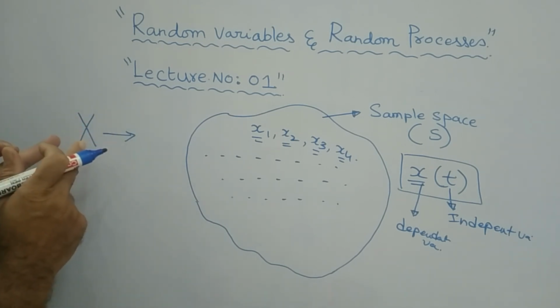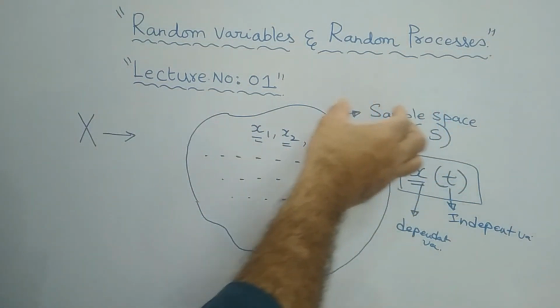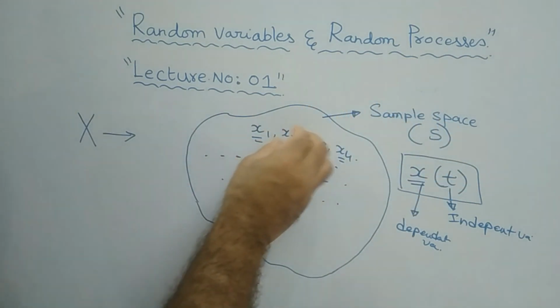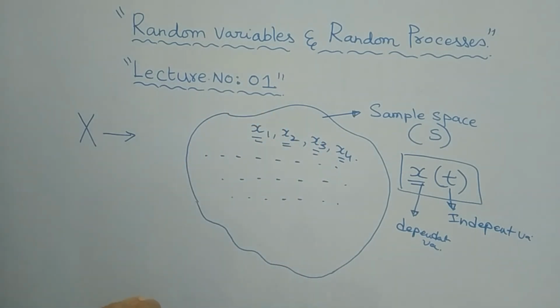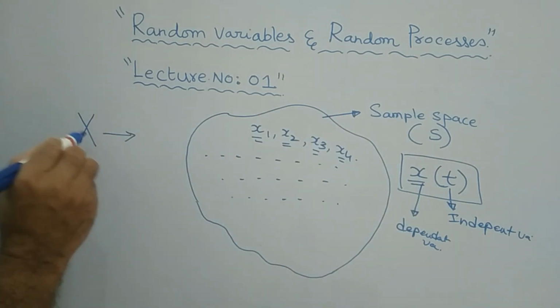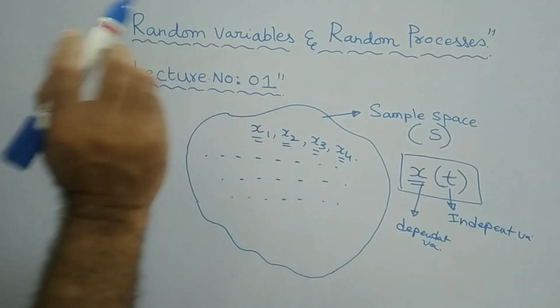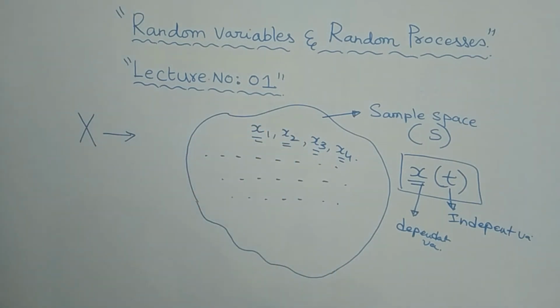What this random variable does is that it maps the sample space to the corresponding outcome or output of experiments, right? So it maps between the sample space and each element or output of these iterations, right?